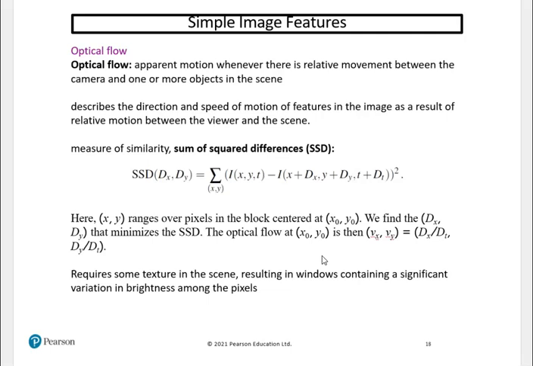The optical flow at the point x0, y0 is then dx, dy, which is defined by the derivative of x over time and the derivative of y over time as well. This requires some texture in the scene to be able to tell in what direction the image is moving. So this results in windows containing a significant variation in brightness among the pixels.